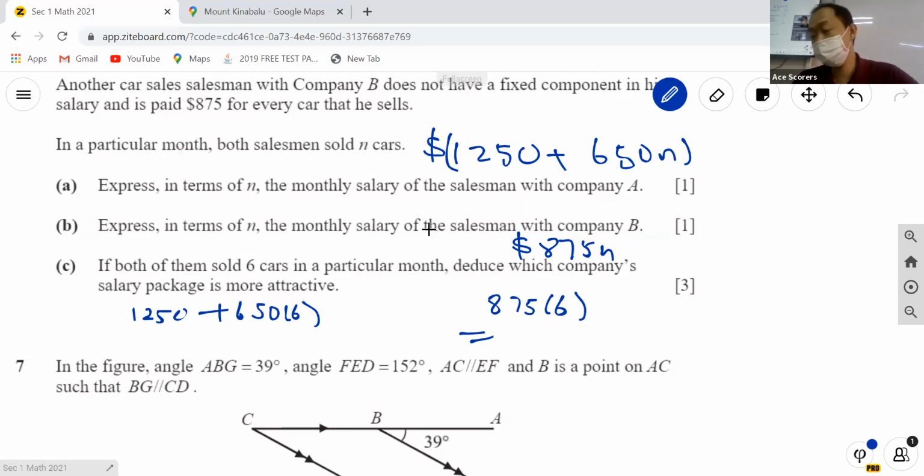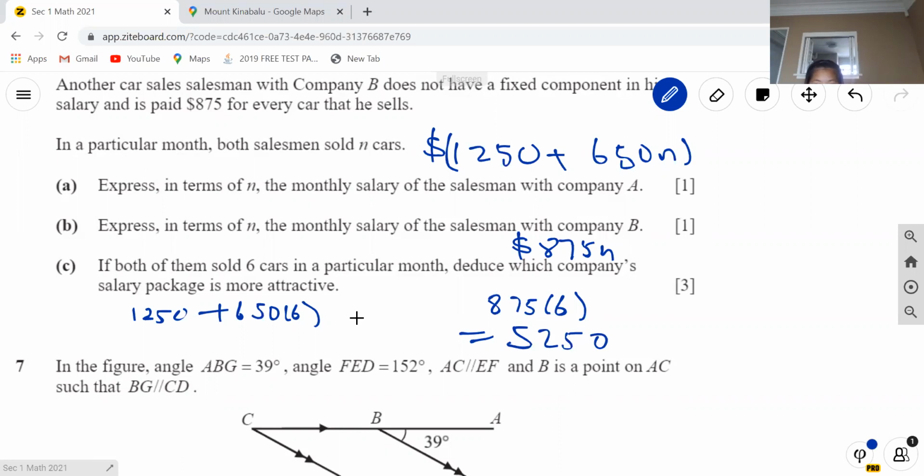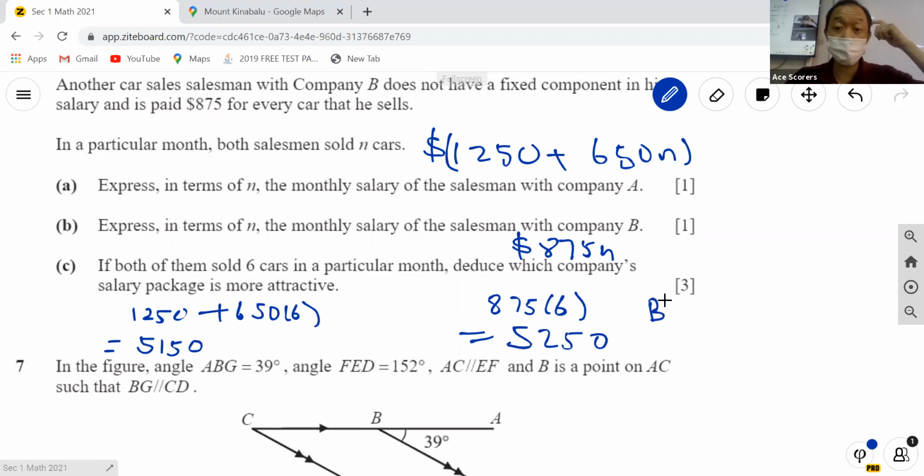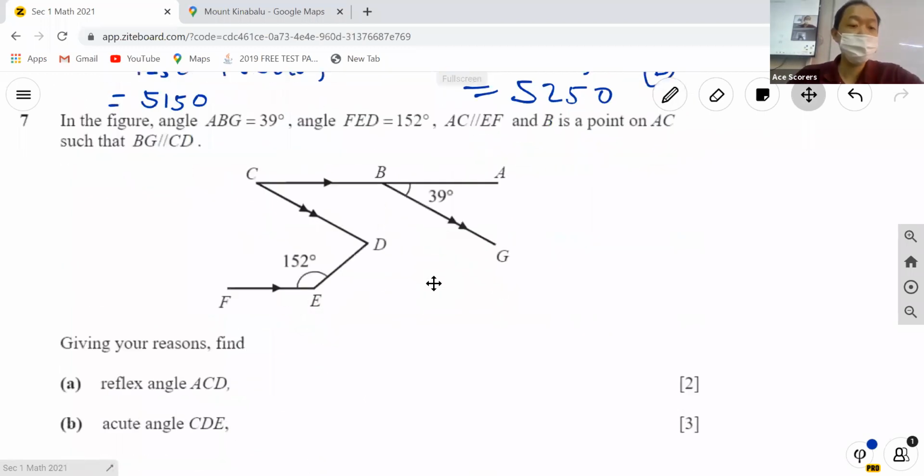Which one is better? 875 times 6, wow, this guy earns 5,250. And the other guy earns 650 times 6 plus 1250, so he earns 5,150. So company B has a more attractive package if they sell more cars.